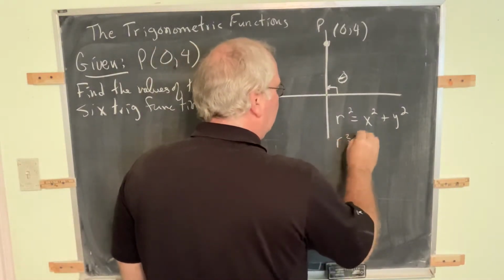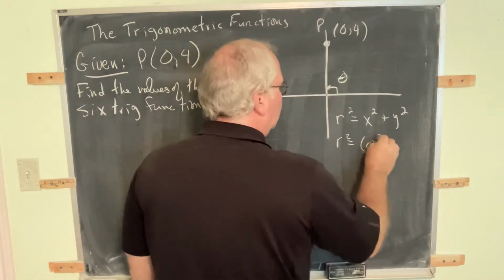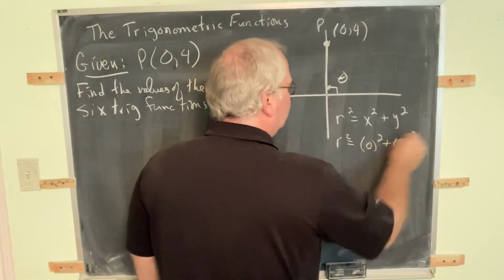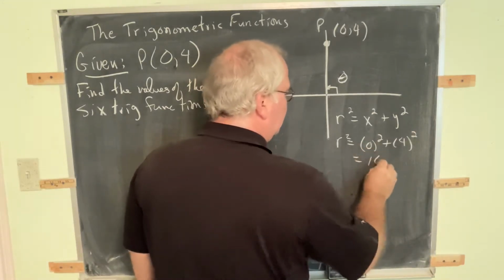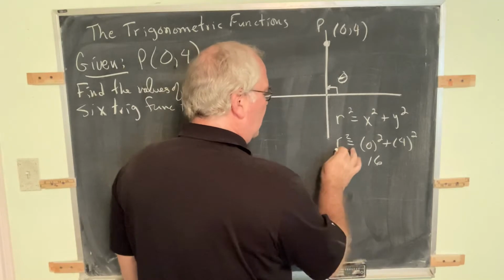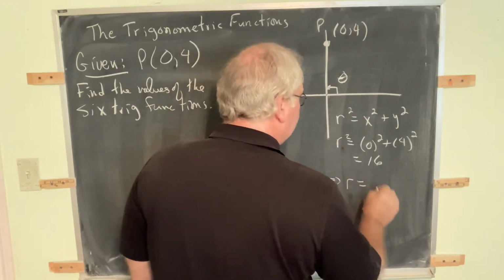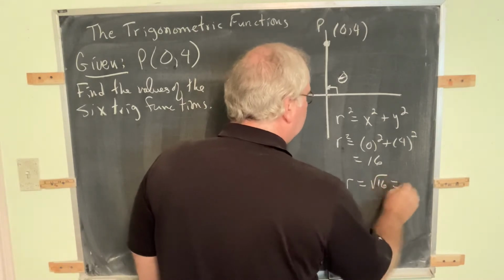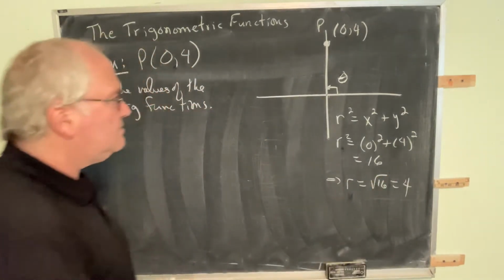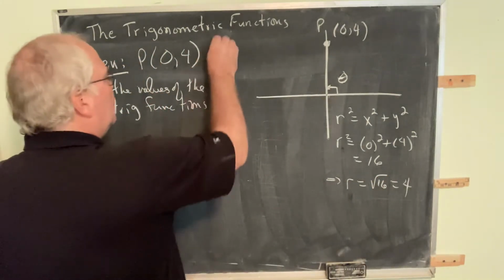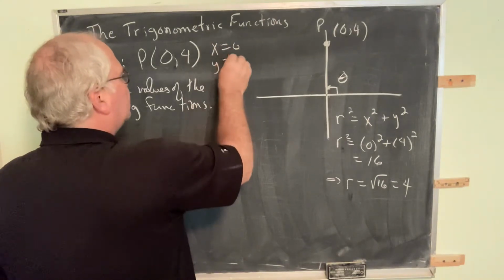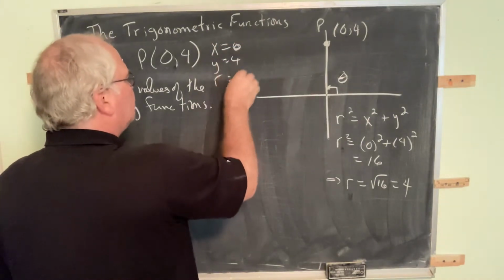R squared is equal to 0 squared plus 4 squared, which is 16. Since we're taking the positive square root, r is equal to the square root of 16, which is 4. So we have x equals 0, y equals 4, and r is also equal to 4.